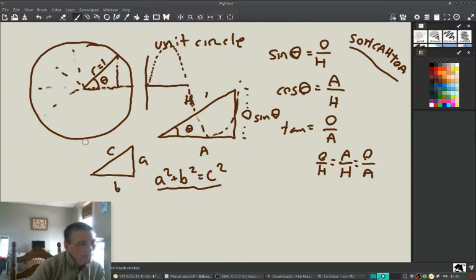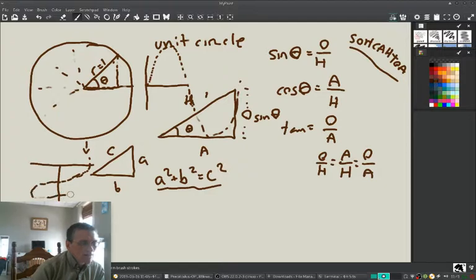If you look the other way, sort of draw a sideways graph here. If you look at this distance, this starts out as 1. And as this angle gets bigger, this distance gets smaller and smaller, till it goes here, then it goes negative.